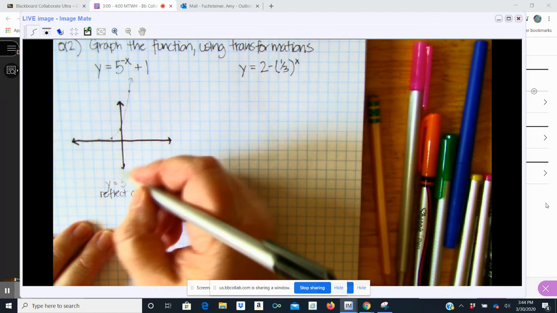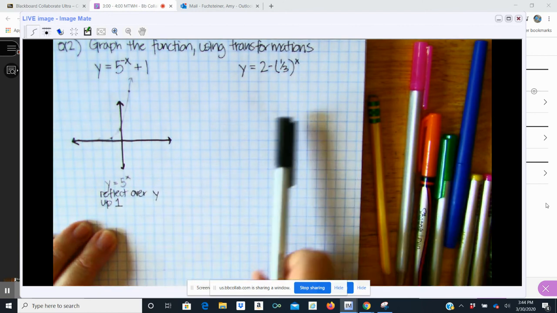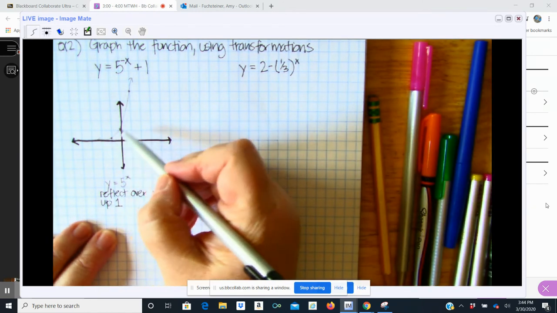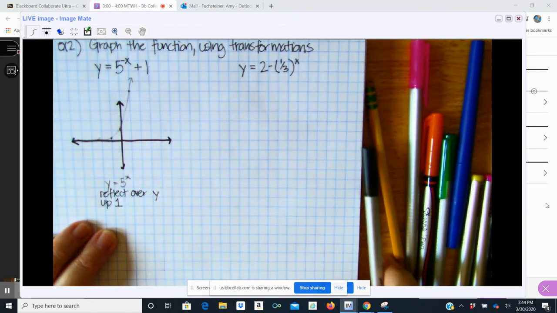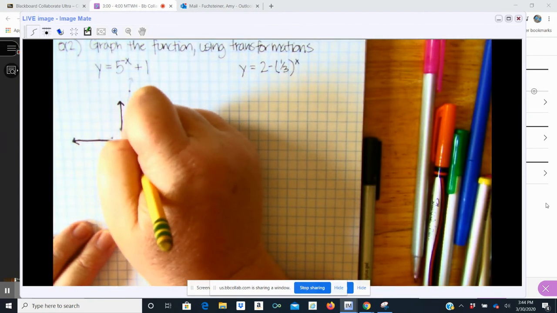Move it up the line by 1. So now that I've got this general sketch lightly done in pencil, I know that I need to reflect it over the y-axis and move up.